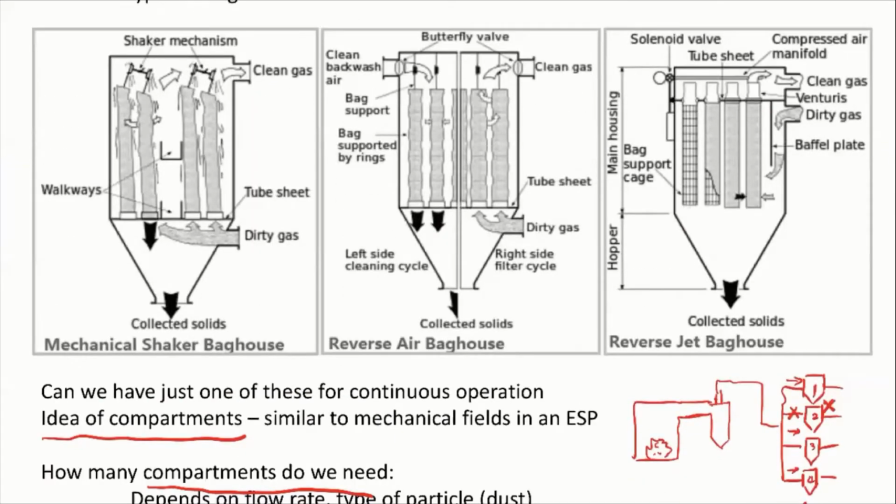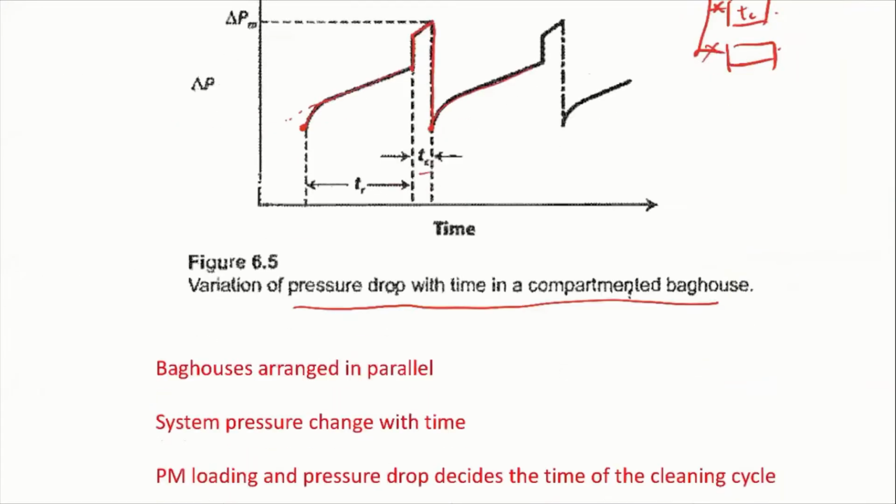It's not like the reverse jet baghouse where you have to inject a high-speed jet into the material. That type of material will require higher or better strength, and the price will become higher. But for these two types of baghouse filters, we can just use normal types of baghouse filter media to achieve the job.